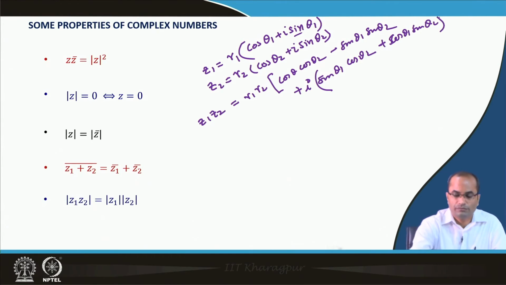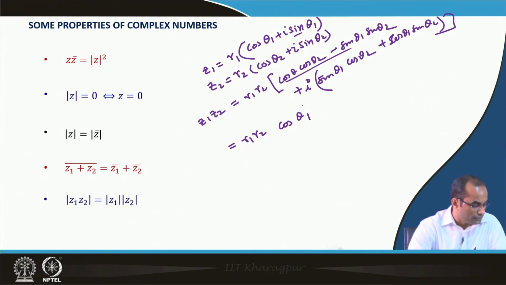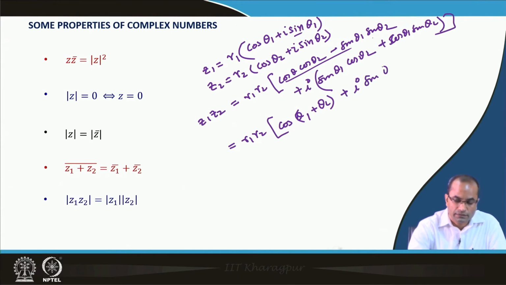This we will get out of the product. That means we have r1 r2, and if we combine using the trigonometric identities, we have cos of theta 1 plus theta 2, plus I times sin of theta 1 plus theta 2.